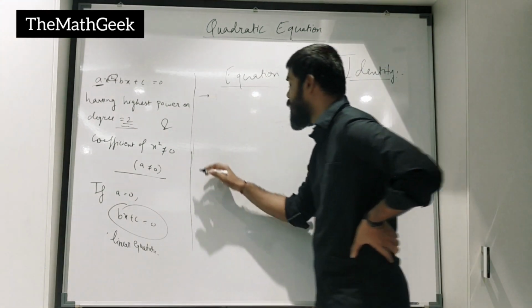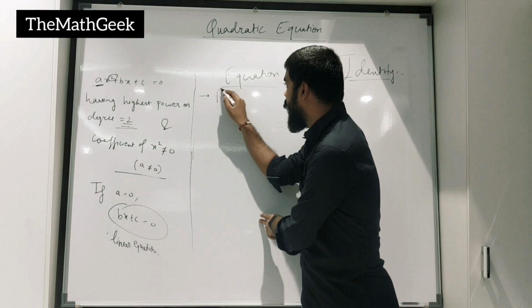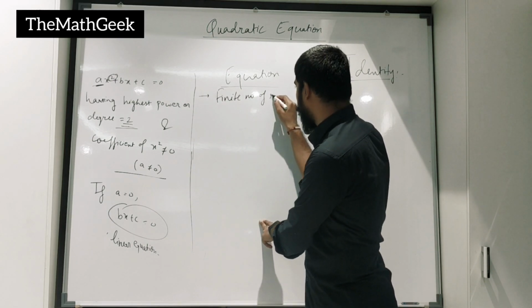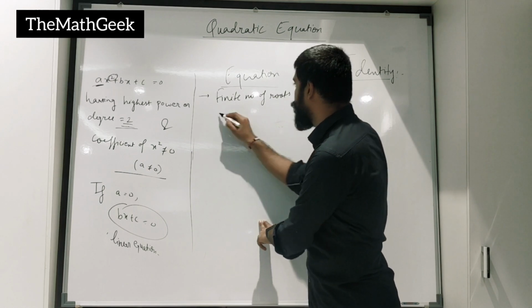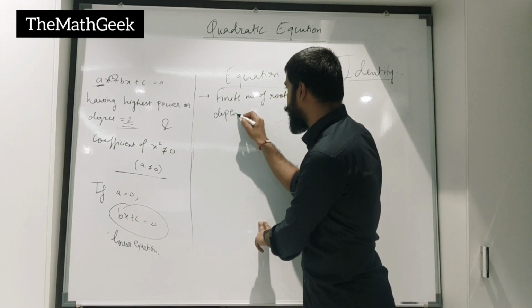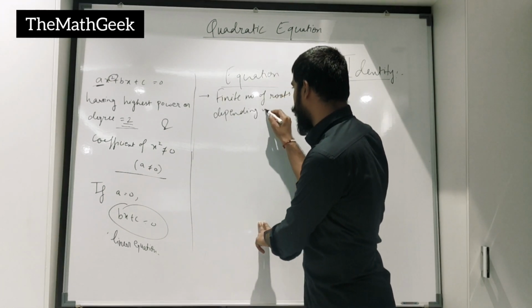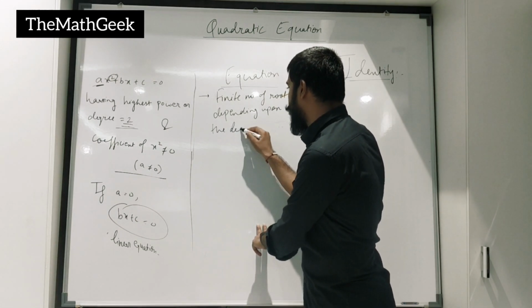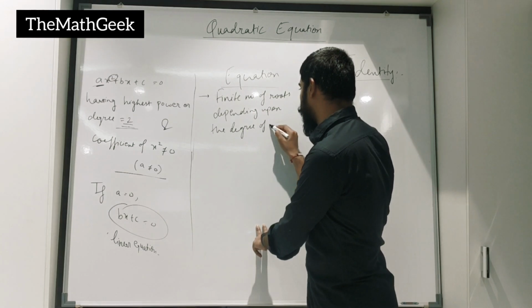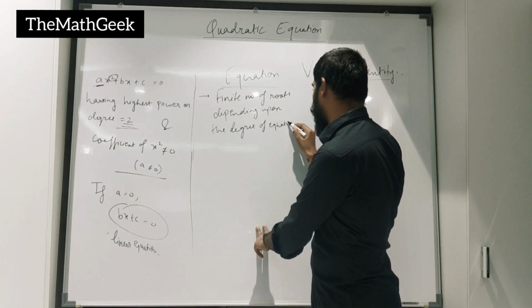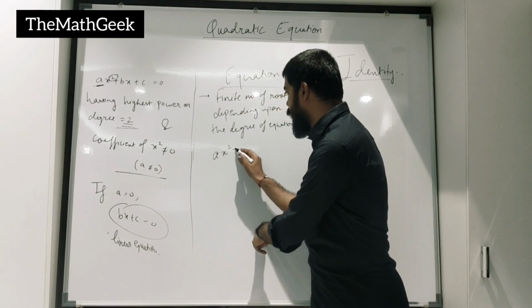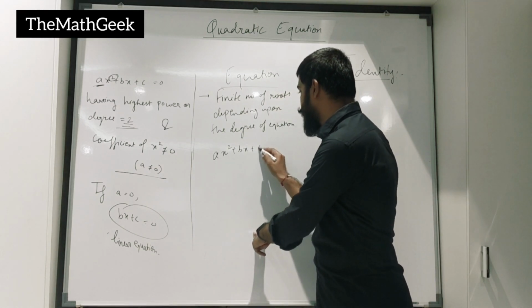An equation is an expression which has a finite number of roots, depending upon the degree of the equation. Let's take an example: ax square plus bx plus c equal to 0.